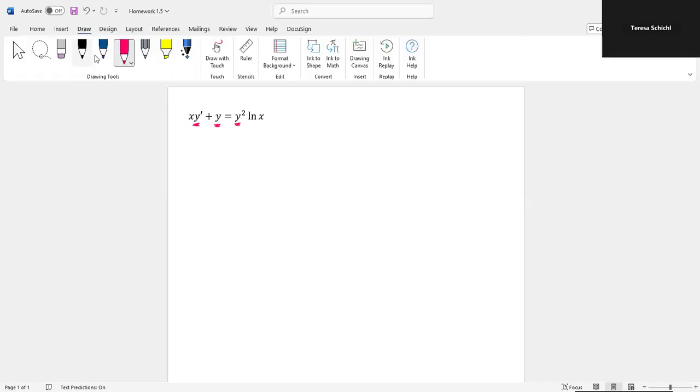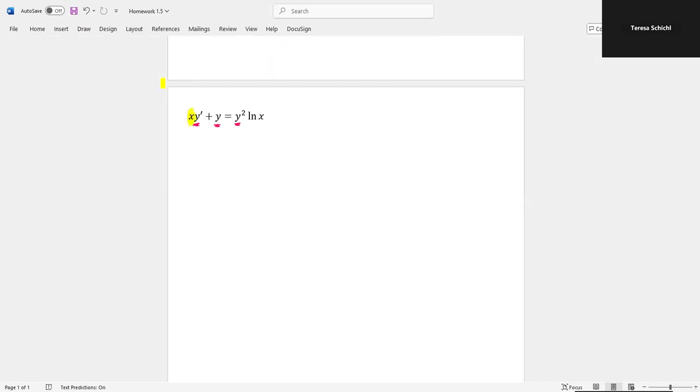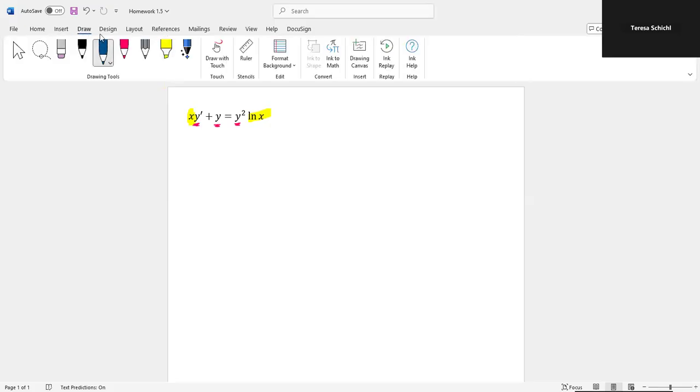The next thing I observe is that the term next to it is just a simple function of the independent variable x. So I think this will be a pretty good candidate for the Bernoulli equation methodology. That's the approach we're going to start with.